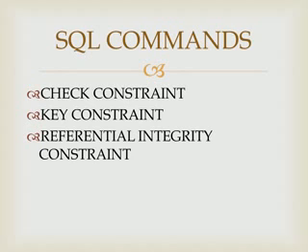Already we had covered not null constraint and default constraint in part 1 of lecture number 13. So here we will start with check constraint, key constraint, and referential integrity constraint. Now let us go to check constraint.